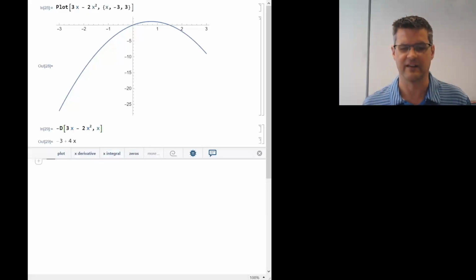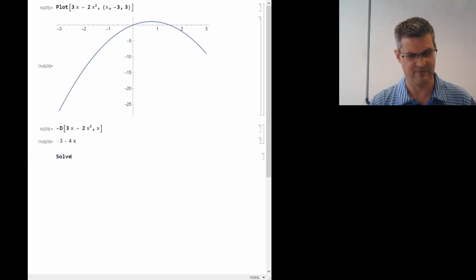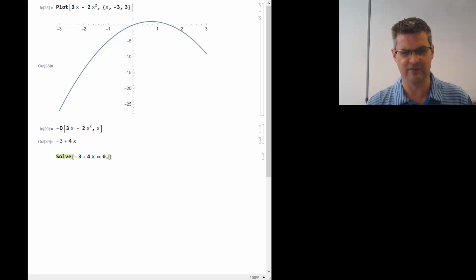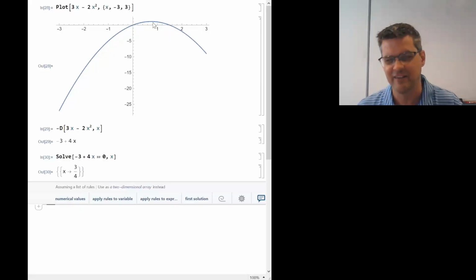And that's this. We're going to take this and set it equal to 0. We're going to solve this equals 0 for the value of x. And yeah, x is equal to 3/4, just like we found before. That's where the maximum value is.